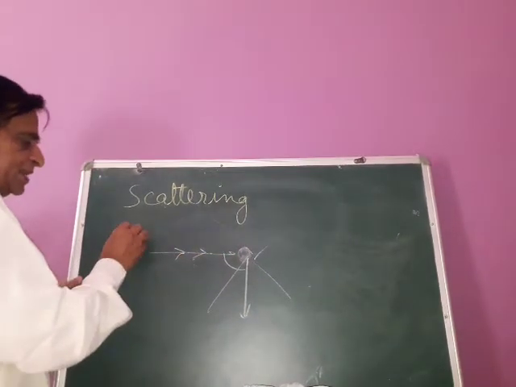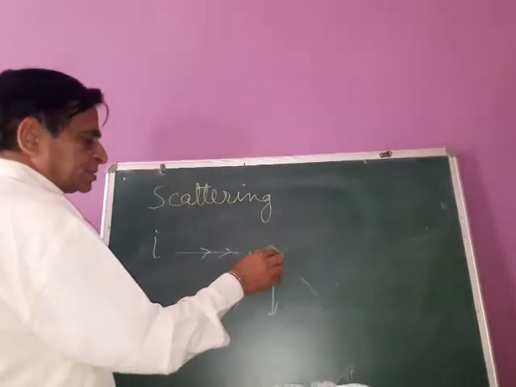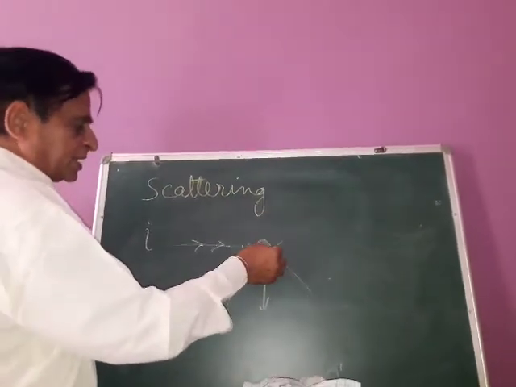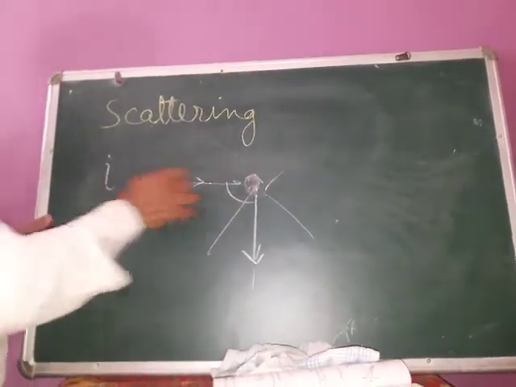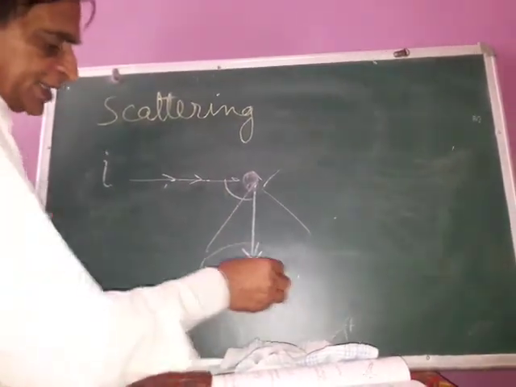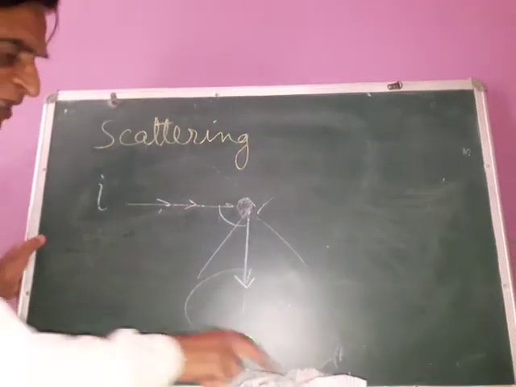If the incident light is coming this way, and there is some dust particle or molecule, then we watch in this direction, perpendicular to the incident radiation. Whatever we get is what we call scattering.